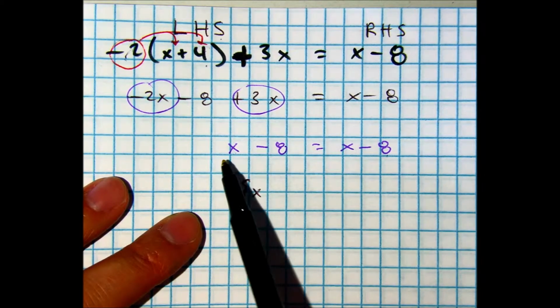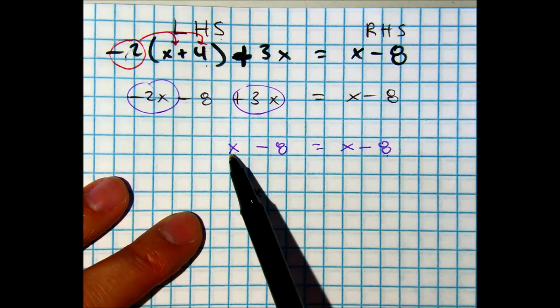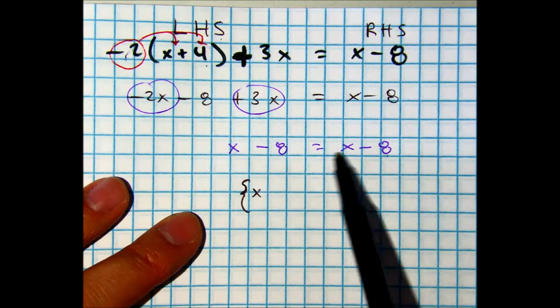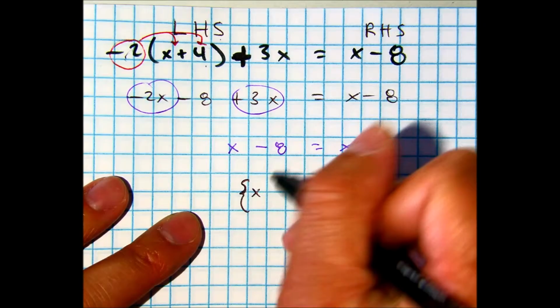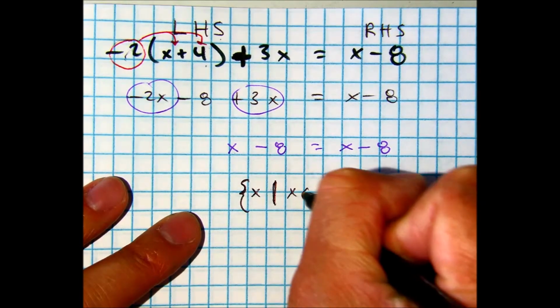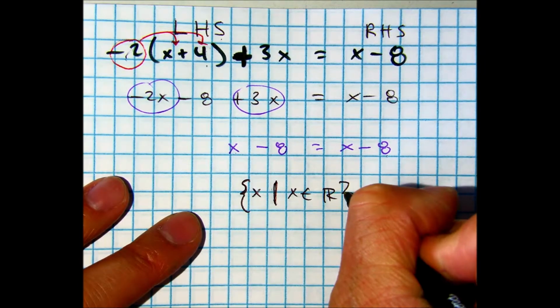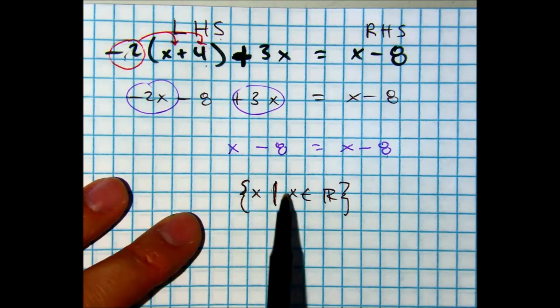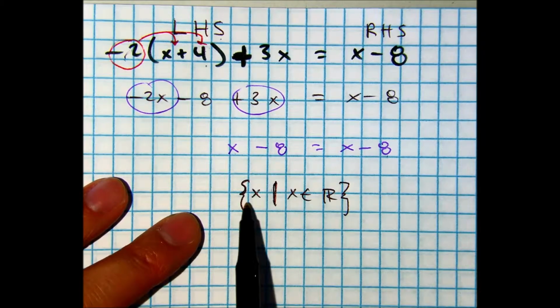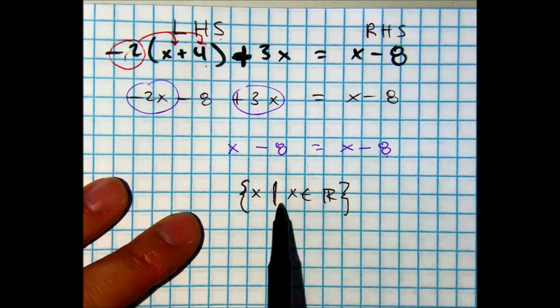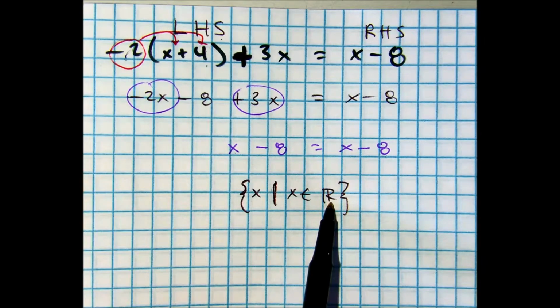Give me another number. 0. 0 minus 8, is that equal to 0 minus 8? That means you can pick all real numbers. This is just a fancy way of saying in the solution set where all x values such that x could be any real or all real numbers.